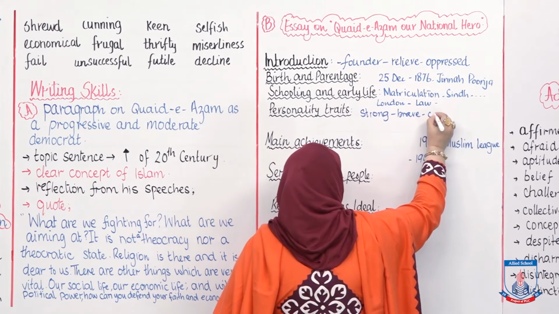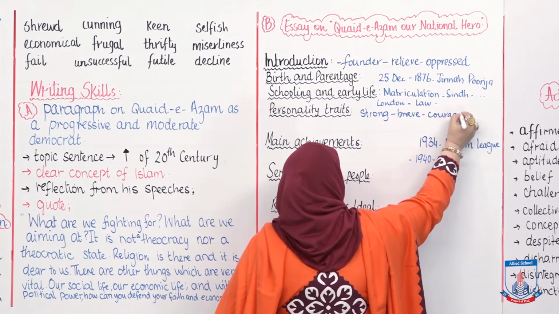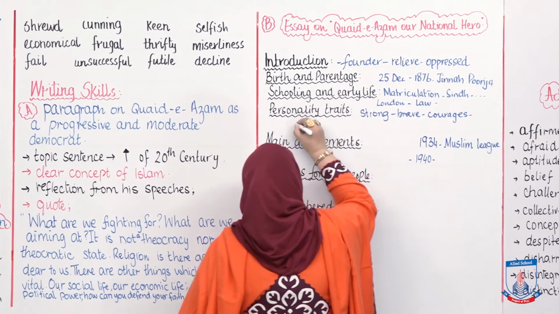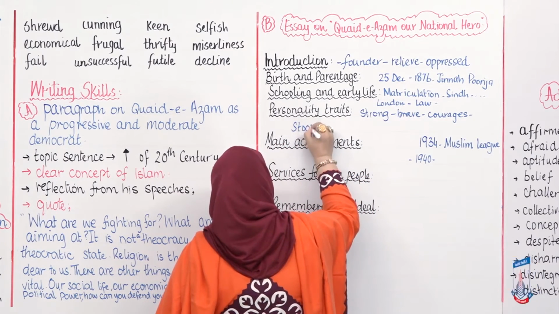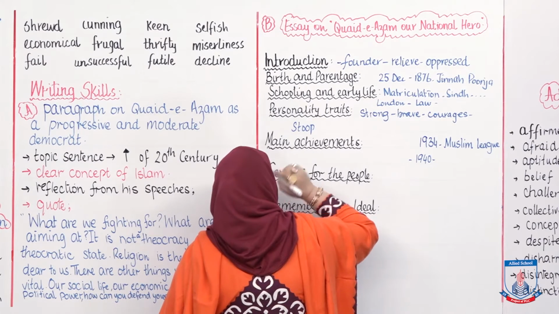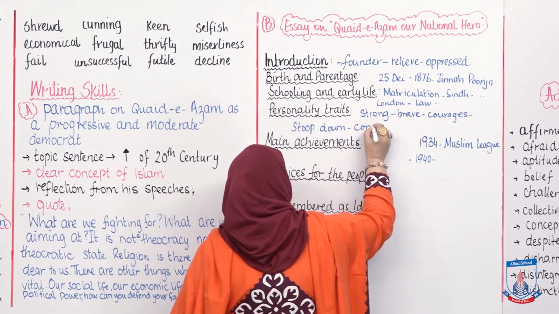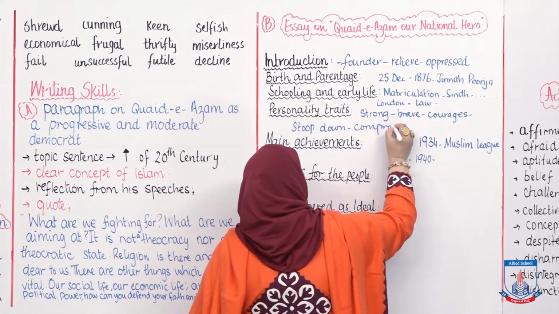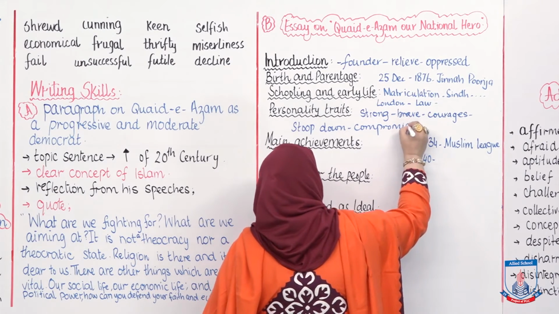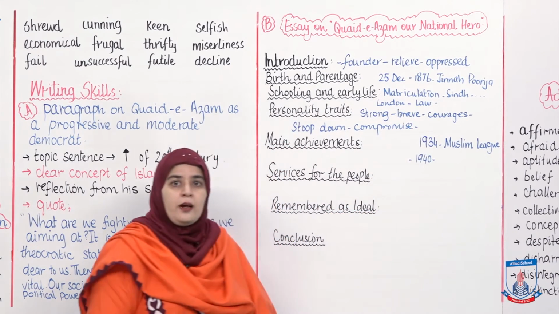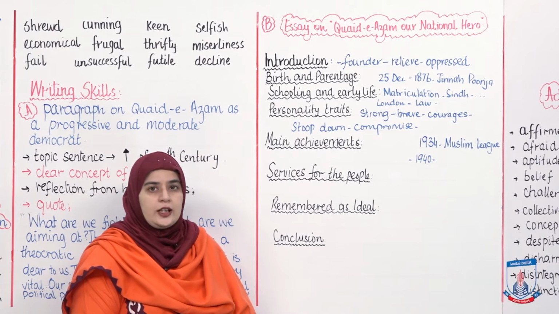He did not stoop down to any of the conditions set up by the Britishers. He did not compromise on anything that was being said by the Britishers or the Hindus.